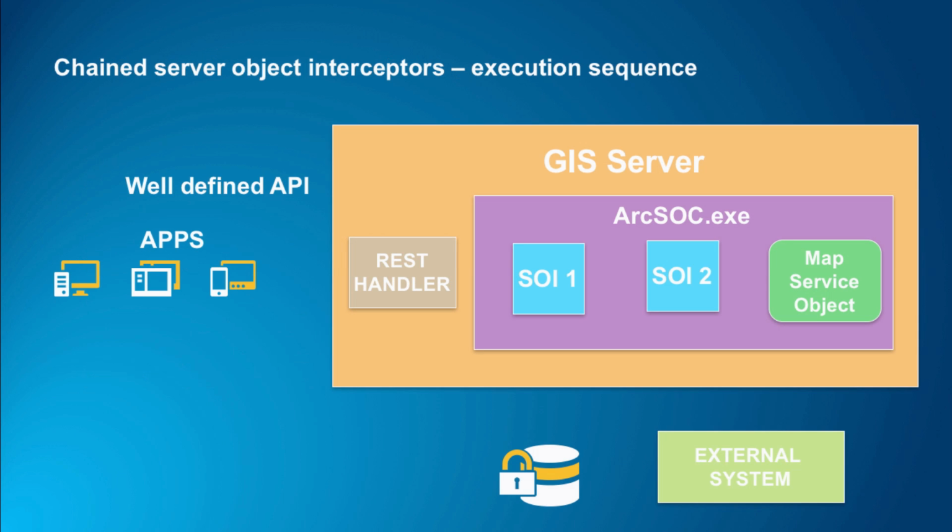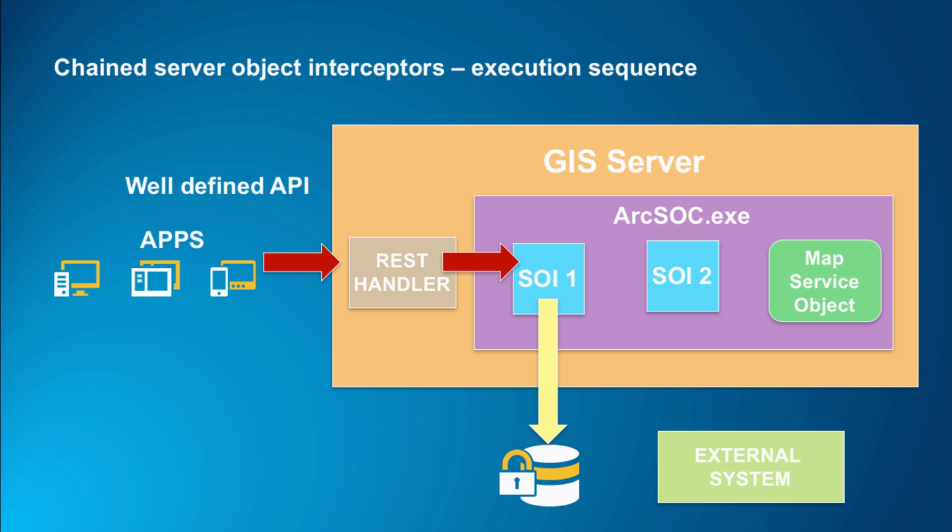So just like before, we have a GIS server. It has a REST handler. It has a map service object. But here, instead of one SOI, I have two SOIs. The request comes in and is handed to the first in the chain, and it's not a random picking. You decide the order in which your SOIs need to be chained.